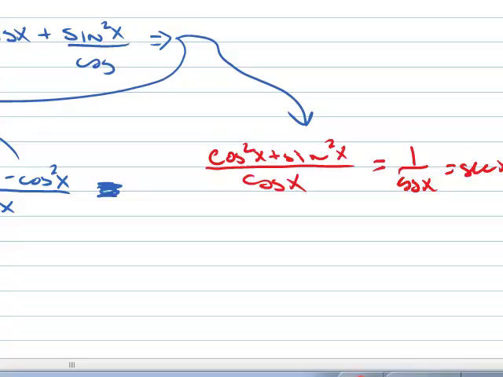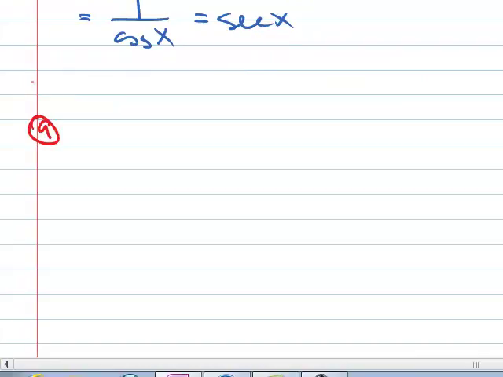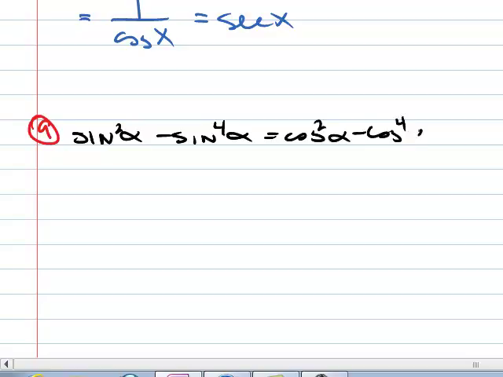9. Let me get out of red. Sine squared minus sine to the fourth equals cosine squared minus cosine to the fourth.